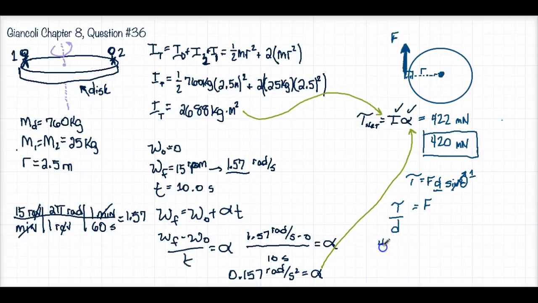I'm going to take my 422 meter newtons and divide it by 2.5 meters. And therefore my answer for the applied force is 169 newtons. Again, dealing with sig figs, I will truncate that to 170 newtons.